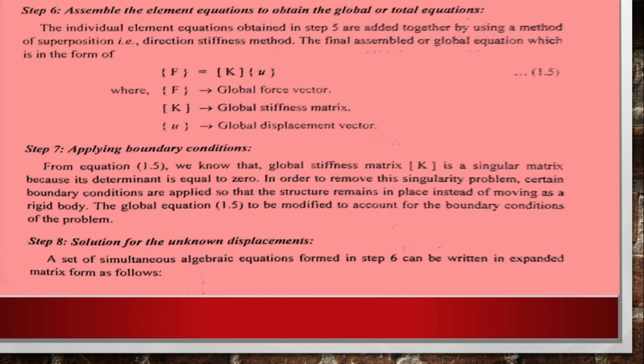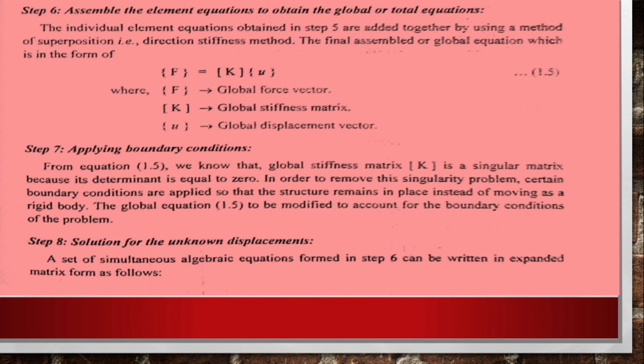Now, in the next step, we are going to apply the boundary conditions. The global stiffness matrix is a singular matrix. K is a singular matrix. The determinant of the stiffness matrix is equal to 0.